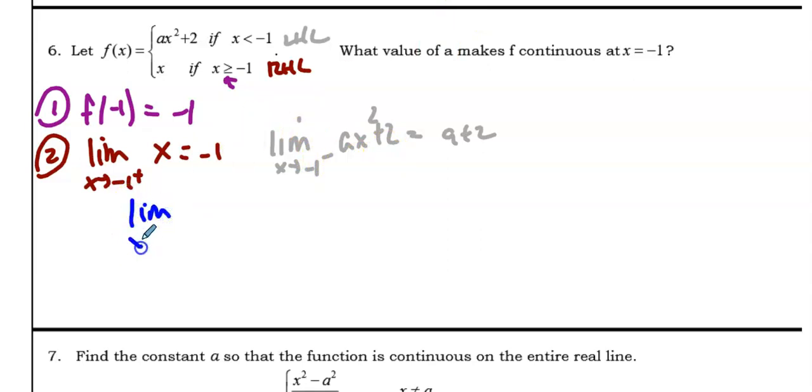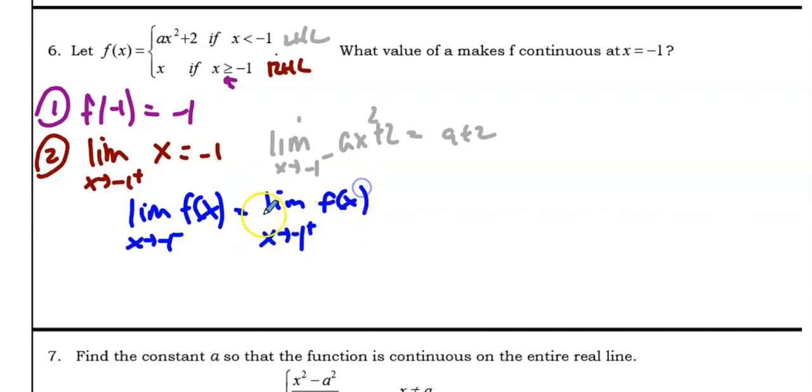We want to make sure that the left-hand limit of our function is equal to our right-hand limit. If that's the case, then we know that this limit will exist. And we also want to make sure, because we want to prove that it's continuous, that both our limits are equal to -1.